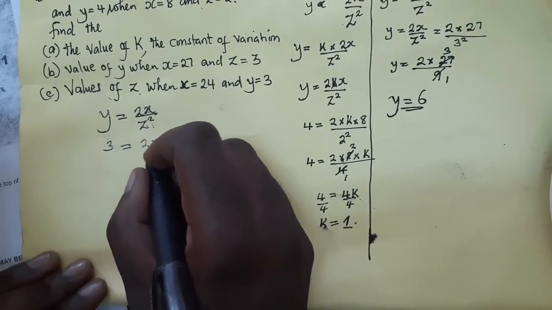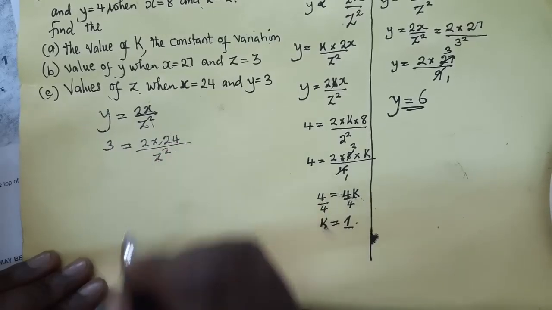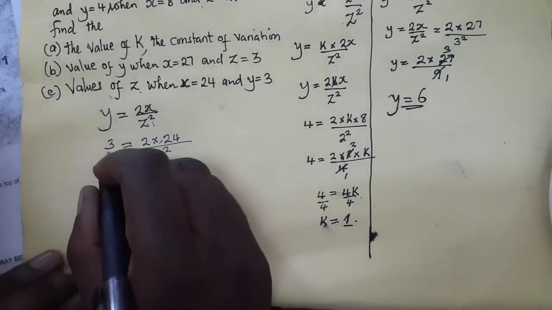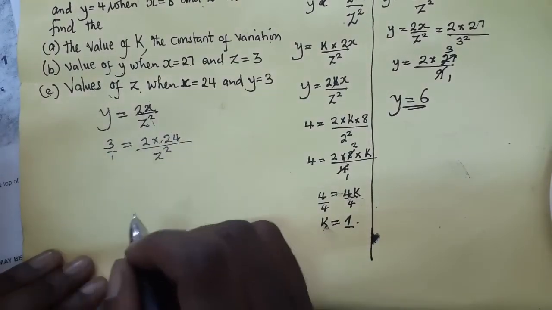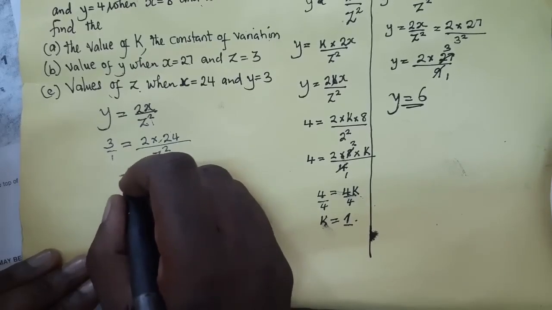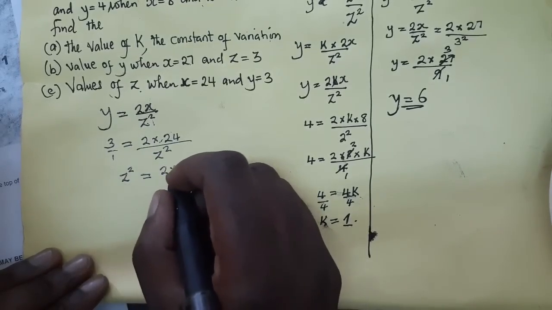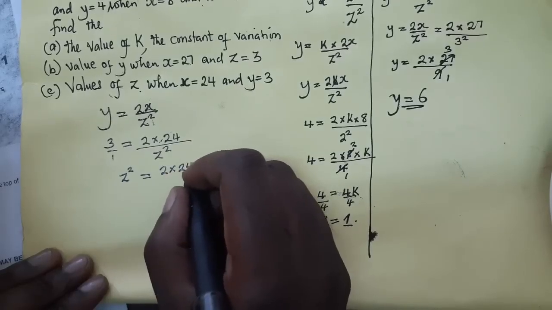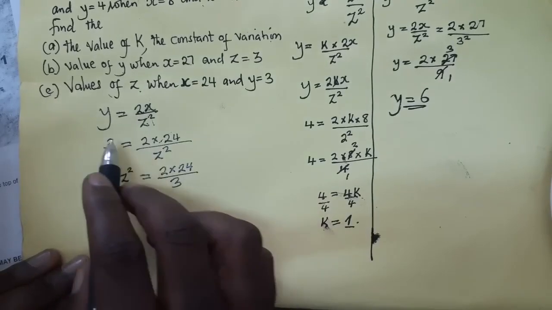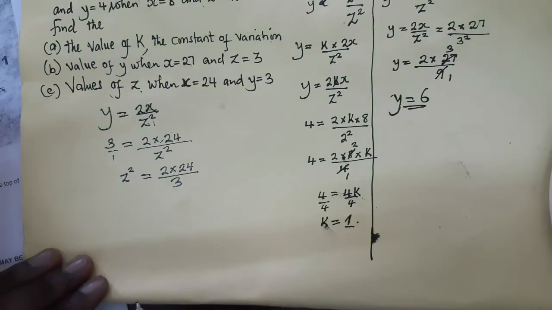Then 2 multiplied by 24 over z squared. Is that clear? So at this point, if I do cross multiplication, I'm going to have z squared is equals to 2 multiplied by 24 over 3. These will switch positions. Z squared will come here, 3 will come down there.